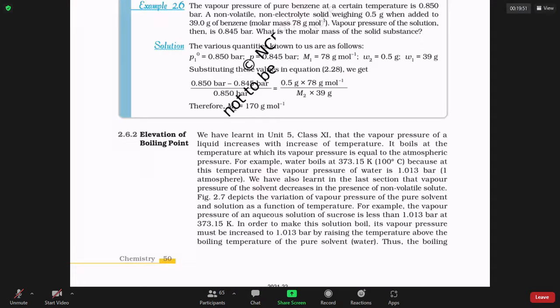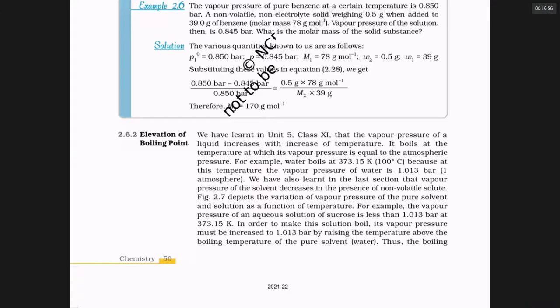But the moment I dissolve a solute, more is the concentration of the solution, more is the molality of the solution, lower is the vapor pressure. Lower is the vapor pressure, I need more heating to equate the vapor pressure to that of atmospheric pressure. Therefore, the boiling point instead of 100 will become 102, 103, 104, 105. You need to heat it to a higher degree to make the vapor pressure equal to 1.013 bar.